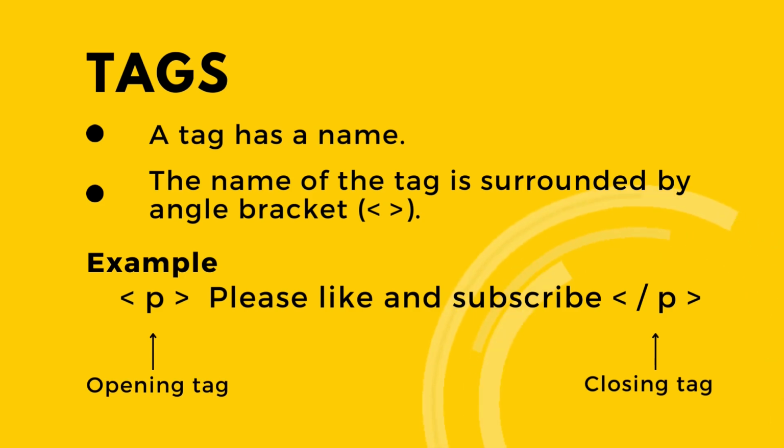The closing tag will have a less than sign followed by a forward slash, then the name of that tag, then a greater than sign. So an element has a starting tag and a closing tag, and the content of the element will be in between the starting and the closing tag.